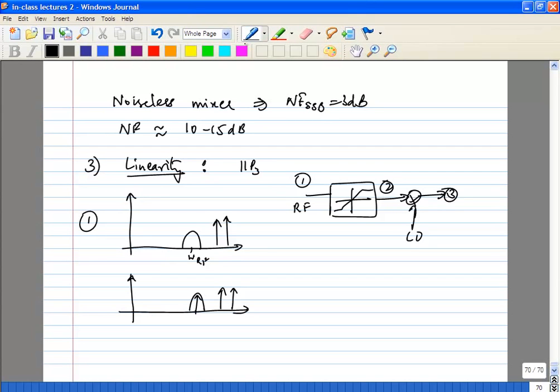You would have the third order intermod product coming in at 2, and of course at 3 the whole thing gets down converted. So you definitely have problems with linearity, as in the case of an LNA.